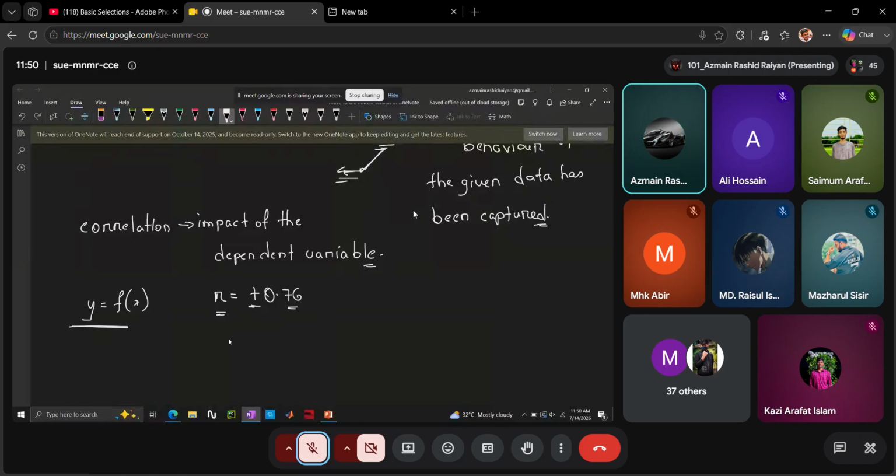So here, positive means the independent variable has a positive impact on the dependent variable.